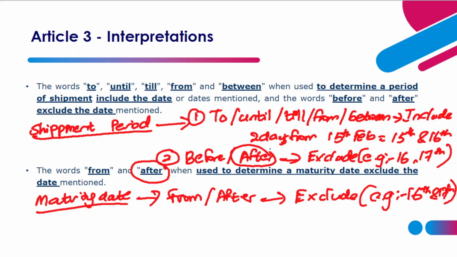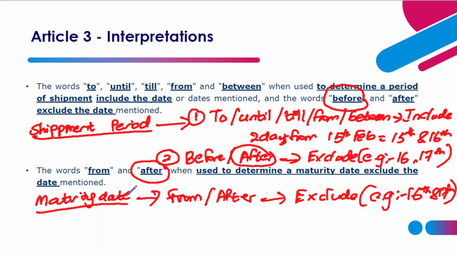But if the term before is used, in the context of a shipment period, it excludes the date. In terms of maturity, they are silent. But for shipment, they are explicitly telling you that if the word before is used, you could exclude the date mentioned.